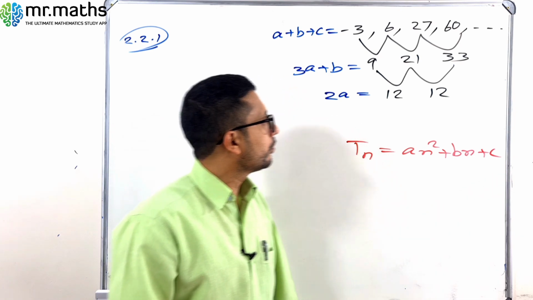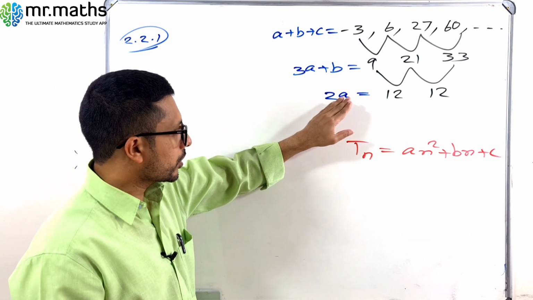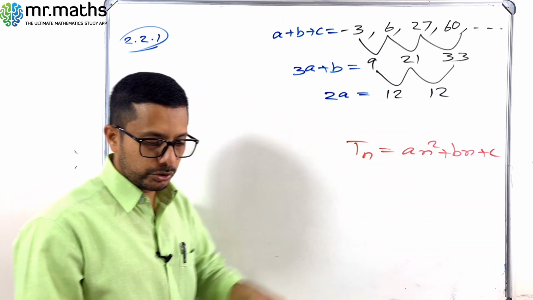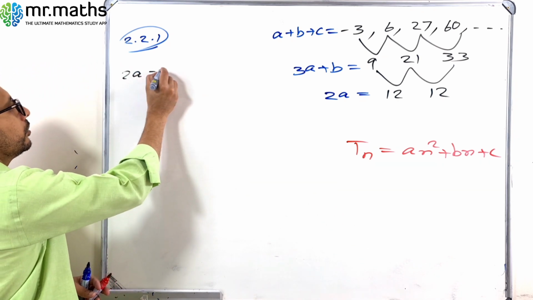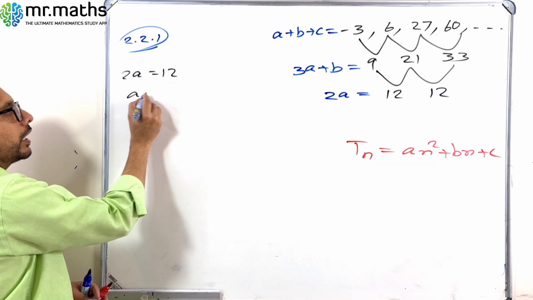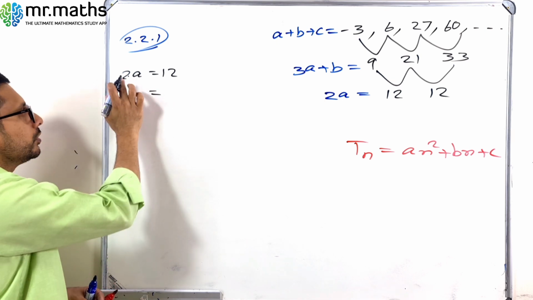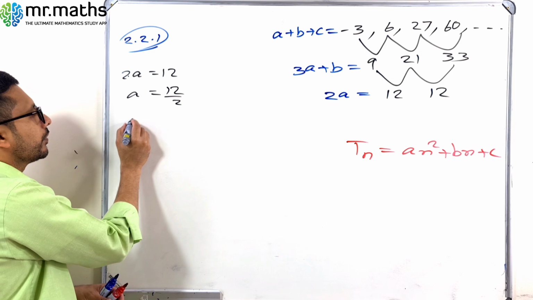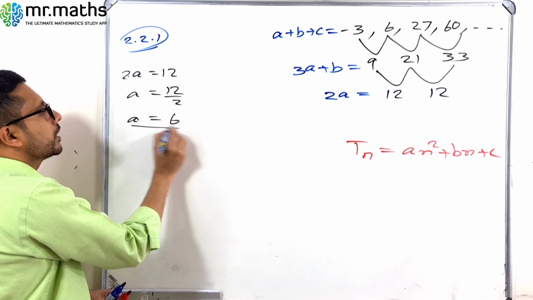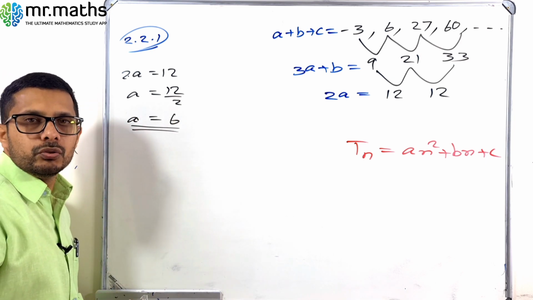Right. First you have to say 2a is equal to 12. So from here, what is a? This is multiplication, so on this side it is division. So 12 divided by 2. A is equal to 6. So the value of a is 6.